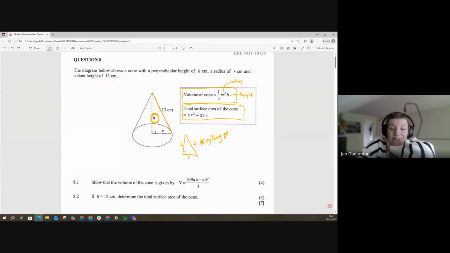Let's see if we can get all 7 marks for this question. You forgot to write a 5.